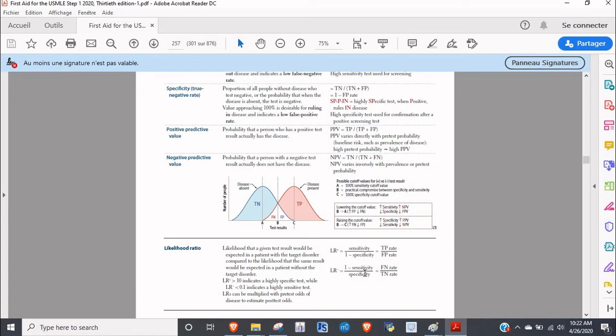But 0 divided by most things is going to end up being 0. So you want a very high likelihood ratio for positive and a very low negative likelihood ratio, because again, it's telling you what are the odds of this test result being positive or negative in someone who has it compared to the normal population.